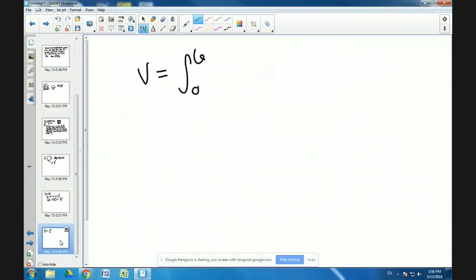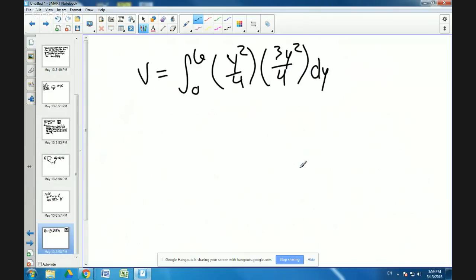Okay, and then times your length, which is y squared over 4, and your height is 3y squared over 4. Okay. Now let's simplify that down to be more pretty.